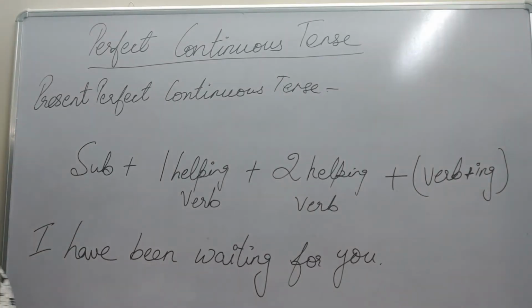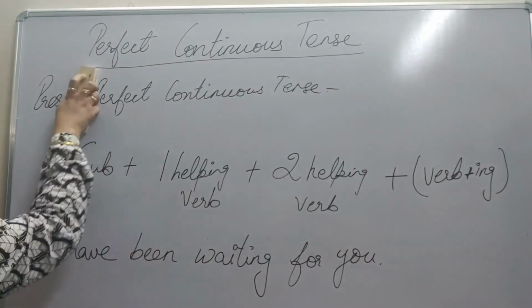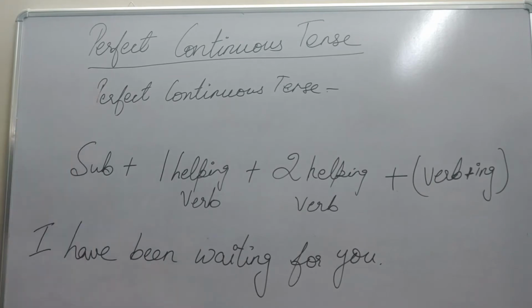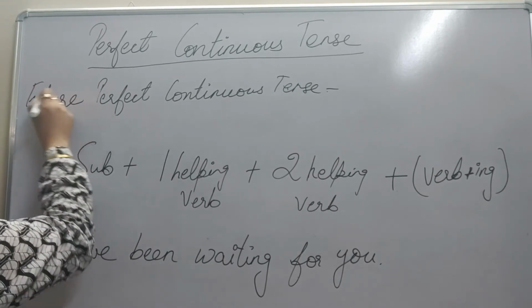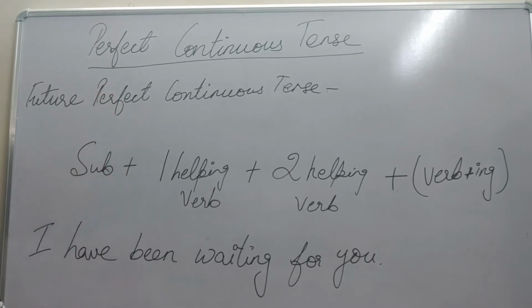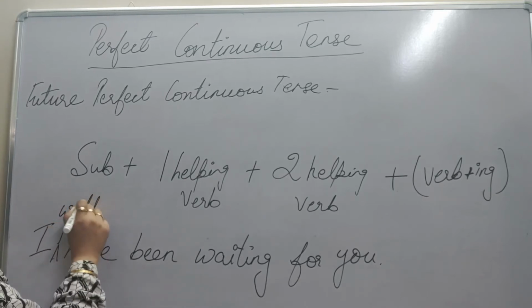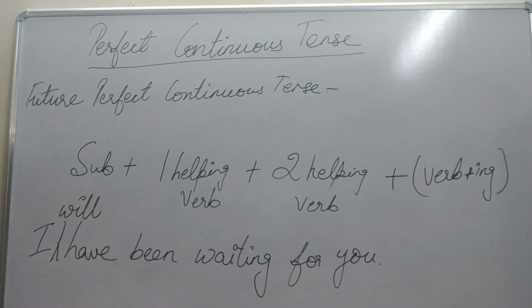Now again in the similar way for the future tense, let's quickly change this. Future perfect tense. What is this going to be changed to? I will have, another word will be added here. I will have been waiting for you.